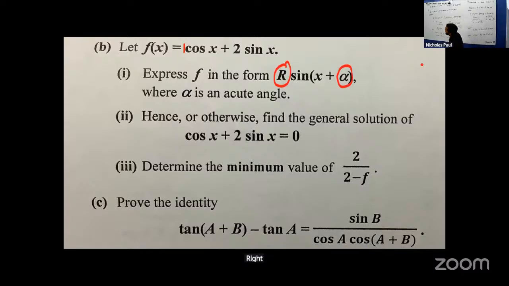So do me a favor on part 1: find R and alpha, and then see if we can put it together for part 2. And then we'll do part 3 together.